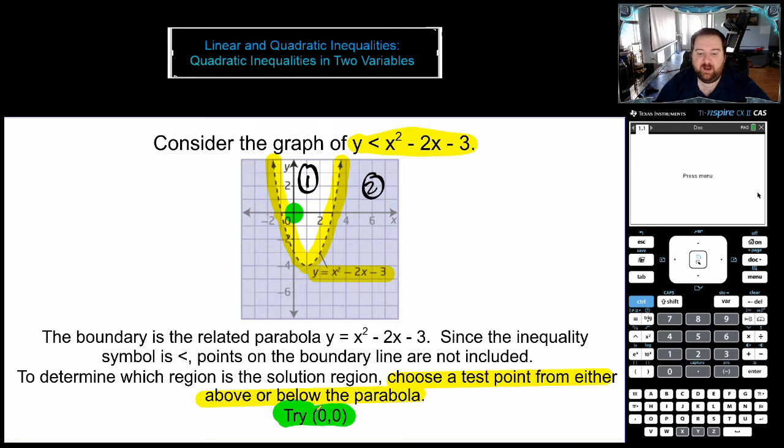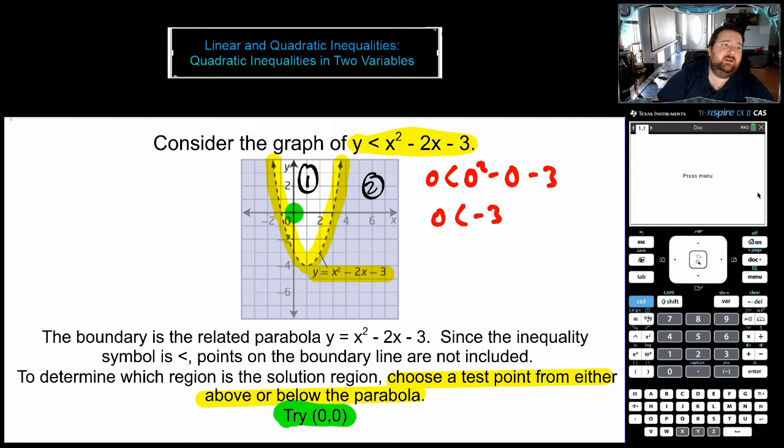So let's try out (0, 0) and see what happens. 0 is less than 0 squared minus 0 minus 3. So is 0 less than -3? The answer is no. So that highlighted spot is not part of our solution region, which means we would shade outside the parabola, which has been done here. So that's kind of it for an introduction.